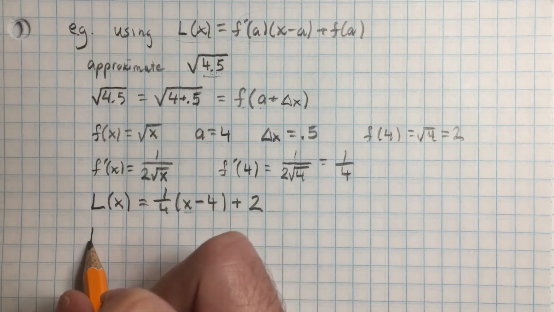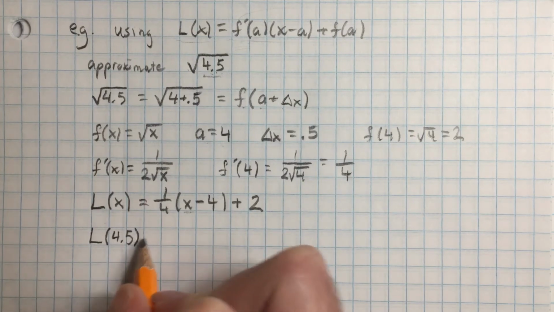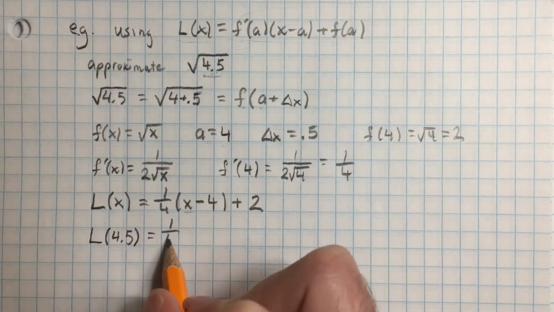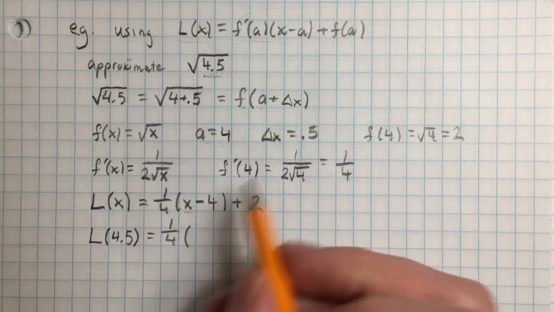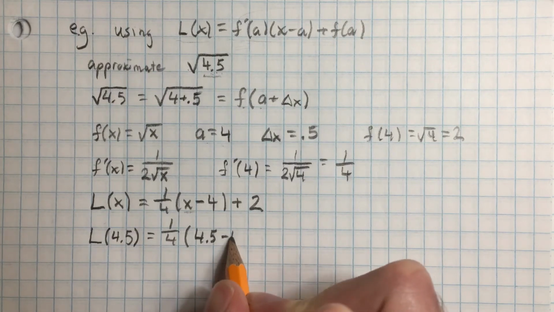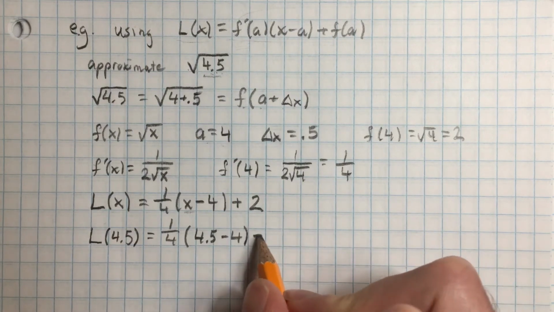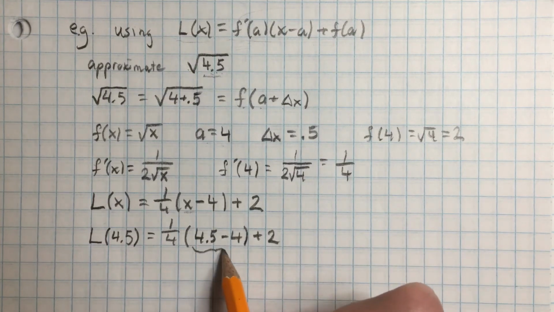So I want to know what the linear approximation of 4.5 is. You'll note that when I plug this in, the x minus 4 here becomes nothing other than delta x itself. It's going to become 0.5. Okay? That should always happen. If not, you've made some sort of mistake somewhere. So we see this is just now delta x, or dx, however you want to write it.